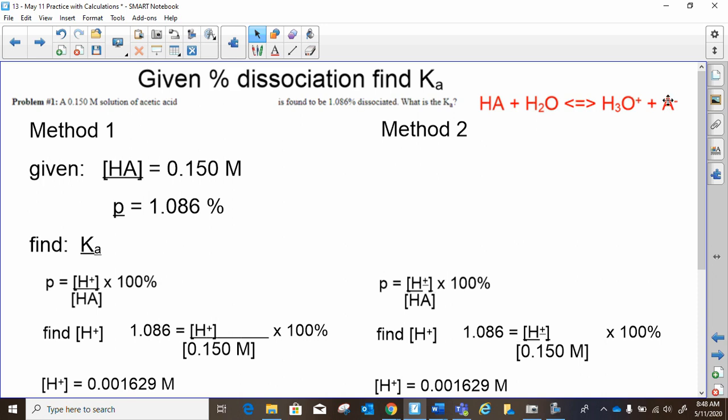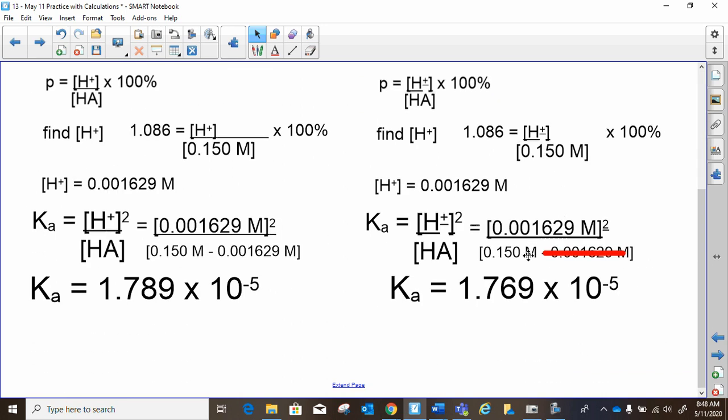Let's just assume it's so small it doesn't matter. So let's just assume we still have 0.15 molarity acid. If I do that, I get a Ka value of 1.769 times 10 to the negative 5. So I'm hoping you see those are very, very close to one another. So it really doesn't make a big difference if we subtract that little bit or not. And again, either answer I would accept. Okay?